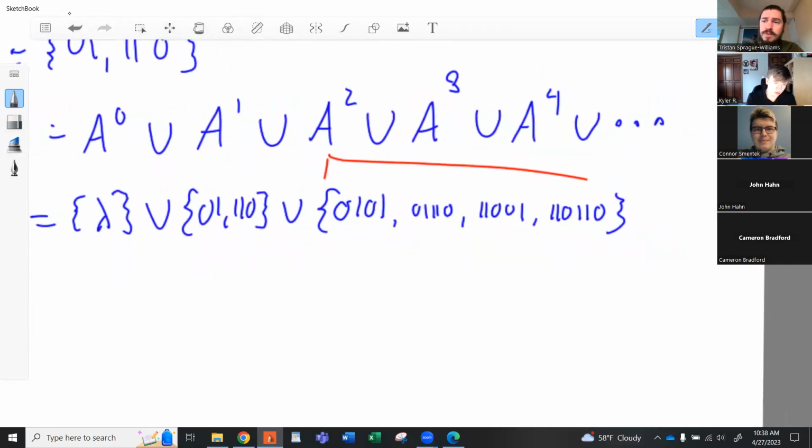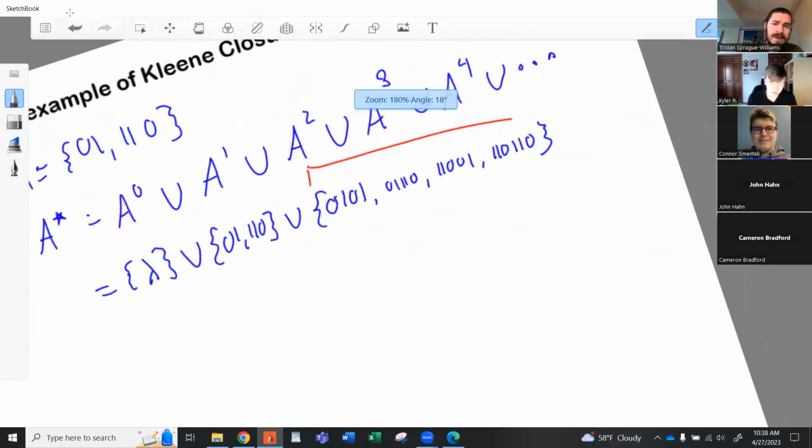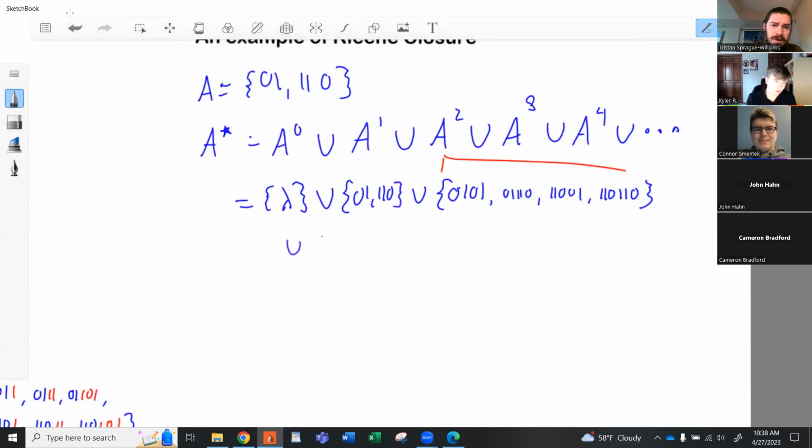And then you do A cubed, and A cubed would be the set of all 010101, 010110, 011001, and 011110, and so on. I'm not going to write that all out because that would be pretty long.